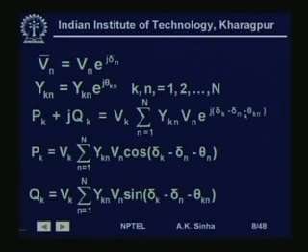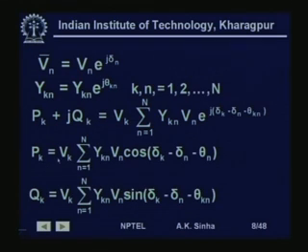When we take the sine of this angle, we get the reactive part. So, the reactive power injection Q k is equal to V k summation n is equal to 1 to capital N y k n V n sine of (delta k minus delta n minus theta k n). This way we have got the real and reactive power injection for any bus k.